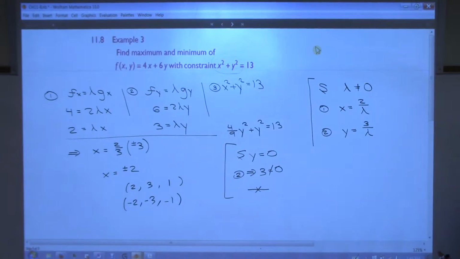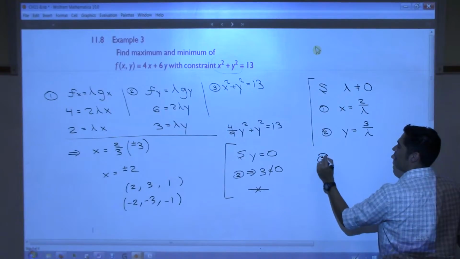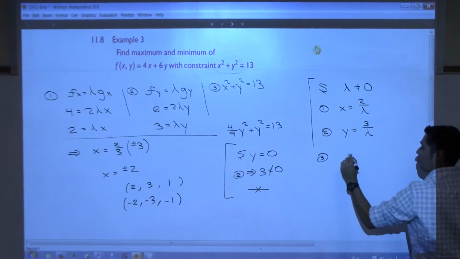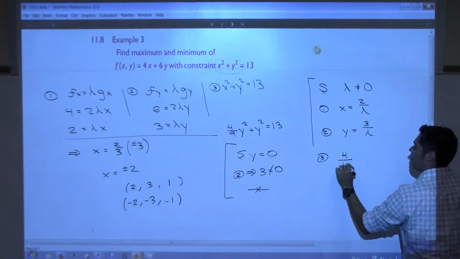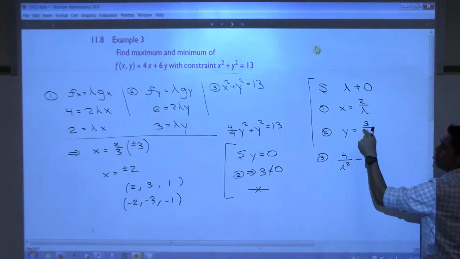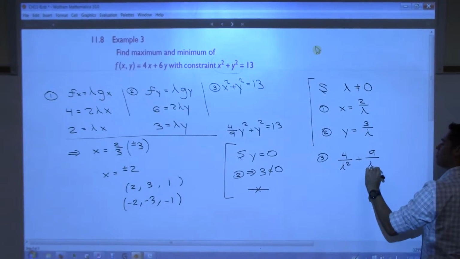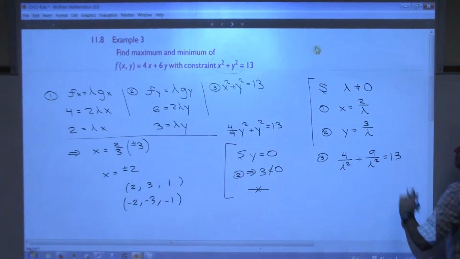Got it? Keep going. What now? Plug them both into 3. So go into equation 3 now. What's x? 2 over lambda. Square it. What do you get? 4 over lambda squared. Plus, plug y into this. What do you get? 9 over lambda squared equals 13. All right. Put these together.